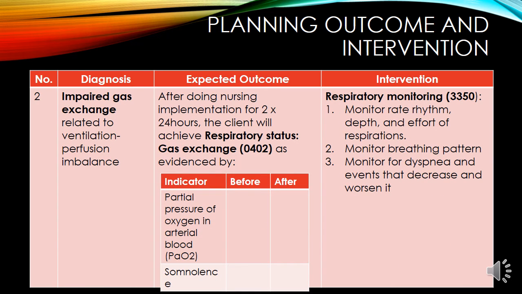Number two, impaired gas exchange related to ventilation perfusion imbalance. Expected outcome: after doing nursing implementation for 2 times 24 hours, the client will achieve respiratory status, gas exchange 0402 as evidenced by the indicator partial pressure of oxygen in arterial blood, PaO2, and somnolence.